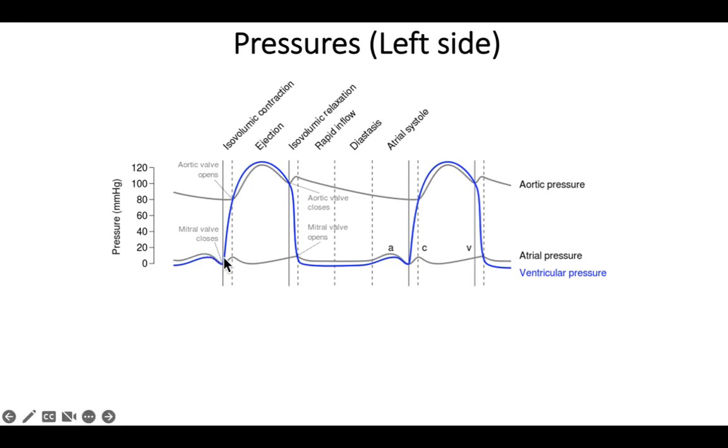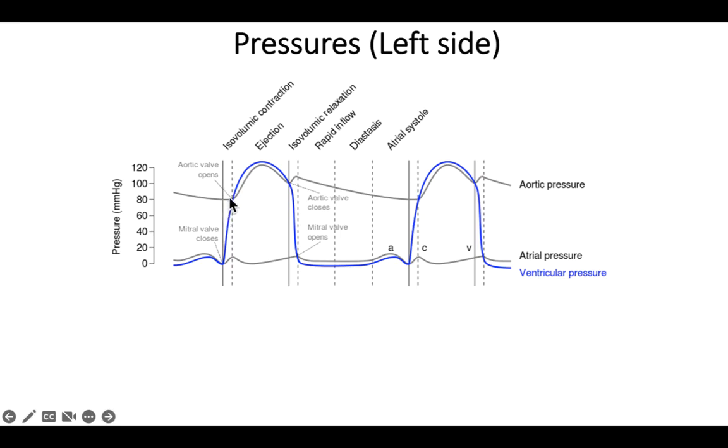Notice right here, all of a sudden the ventricular pressure goes up. All right, what does that do? That's going to immediately close the AV valve, in this case the mitral valve. So this is the start of that ventricular contraction. Pressure goes up in the ventricle, close the AV valve. Pressure keeps going up, up, up, up. We're in this isovolumetric contraction.